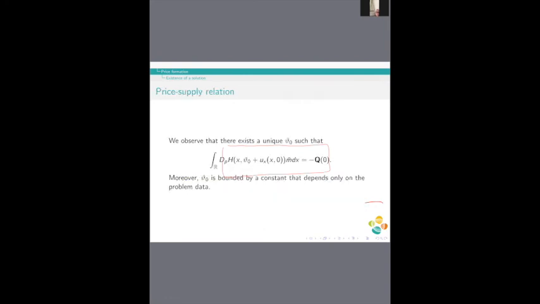Okay, so let's try to explain what's going on. If you have a Hamiltonian, let's say p squared over 2, D_pH is just p, right? So this quantity here is price plus u_x, when this is computed at x0.